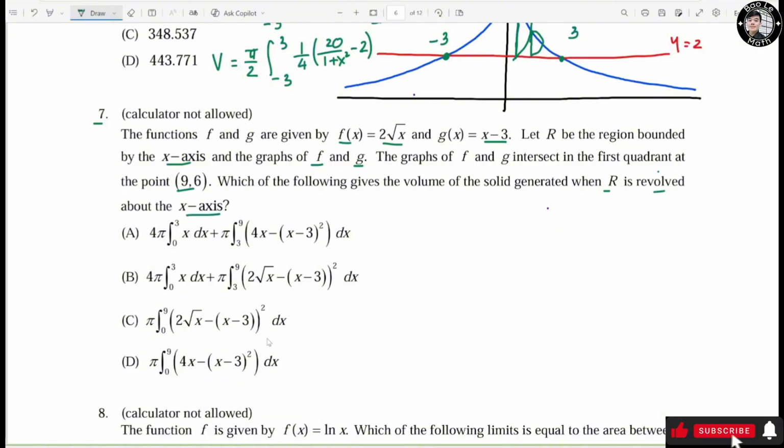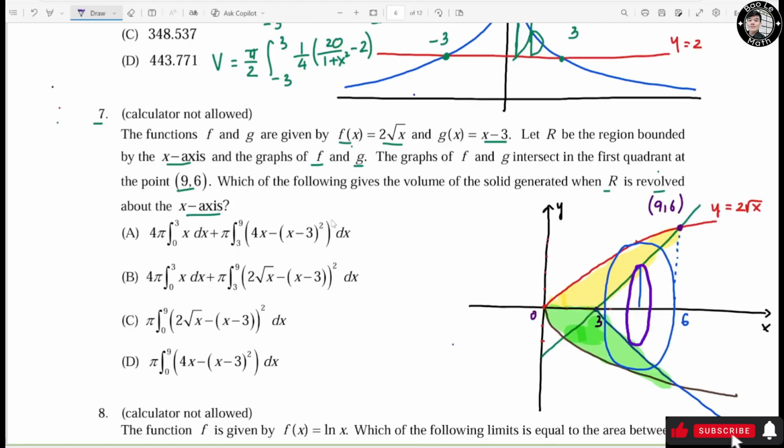Alright, so we're going to sketch the two functions first. Here's the graph of the region R after revolving about the x-axis. The yellow one is the initial one, and after you revolve it about the x-axis, you get the green one. In order to calculate the volume of this solid, we need to separate it into two portions.